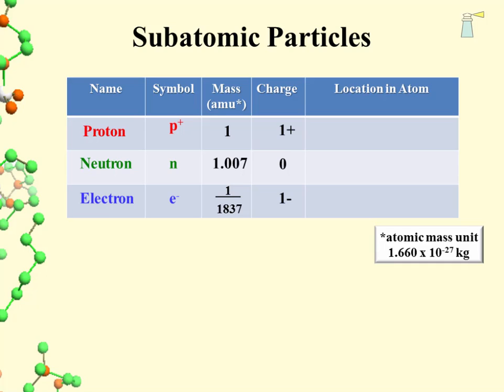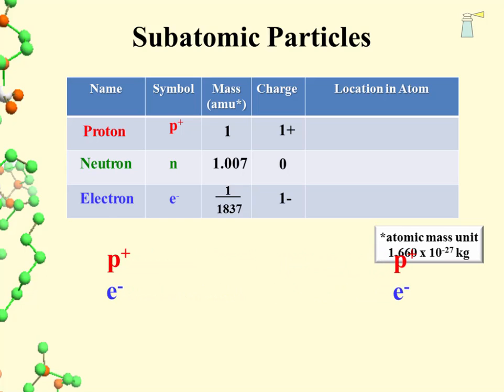That is negative charge in the form of electrons. What we want to know about charge is that positive and negative charges attract each other, and positive and positive, or negative and negative charges, repel each other.